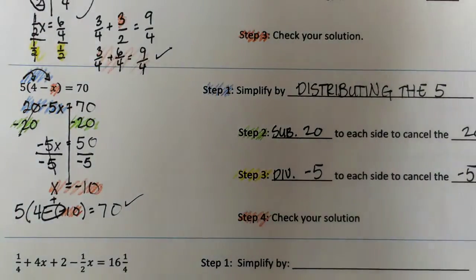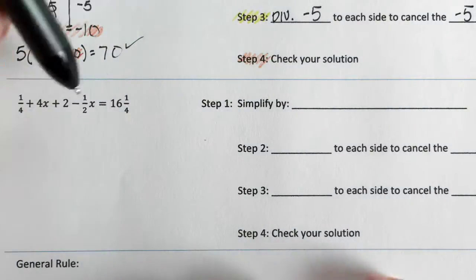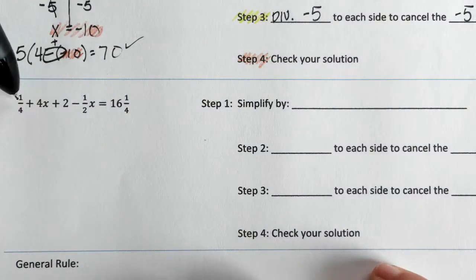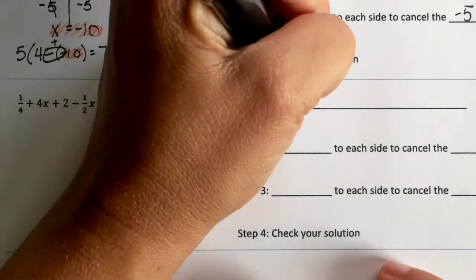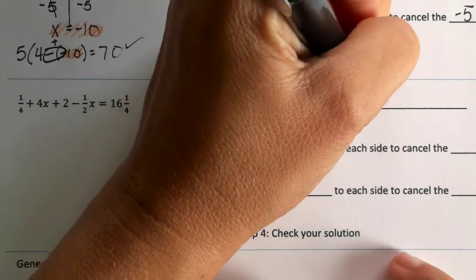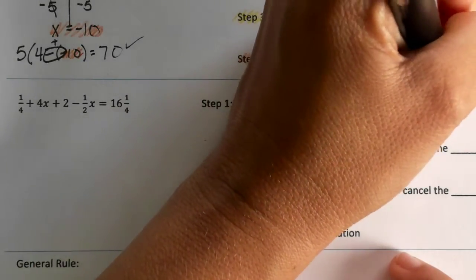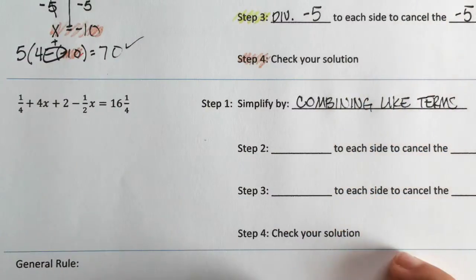Okay. Next one. Simplify by looking at this, combining like terms. That's what we're going to do first.